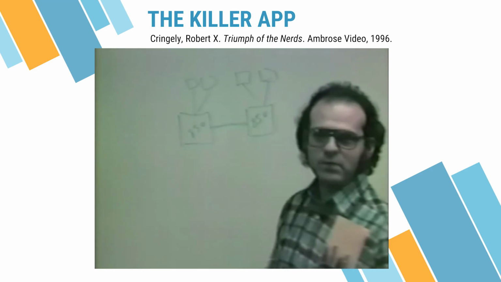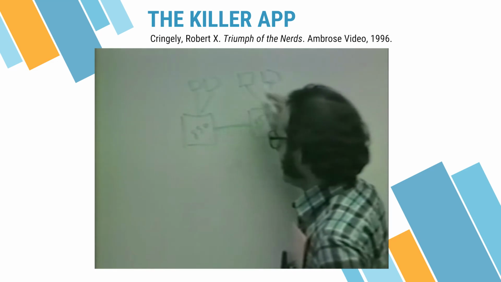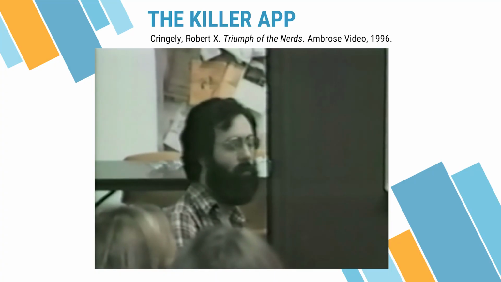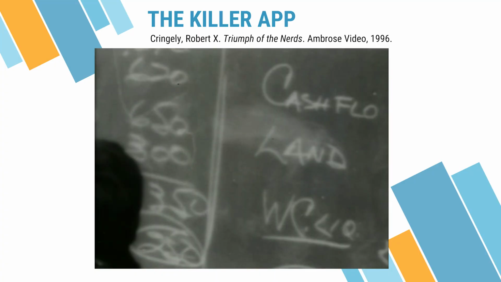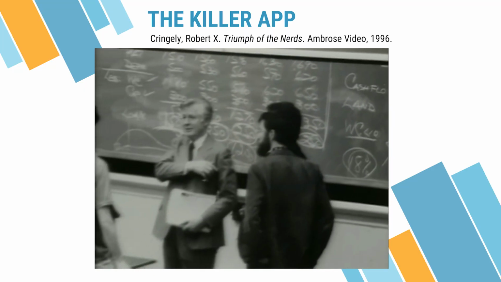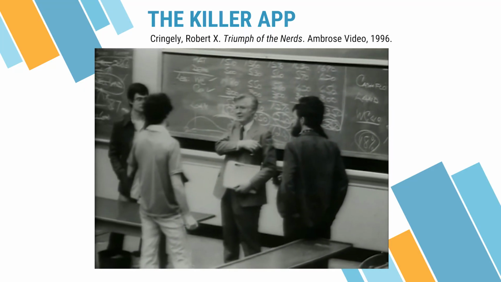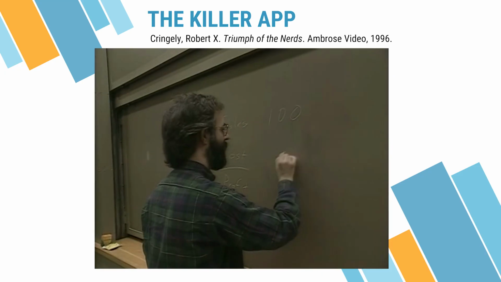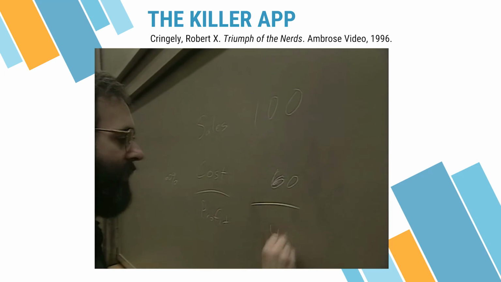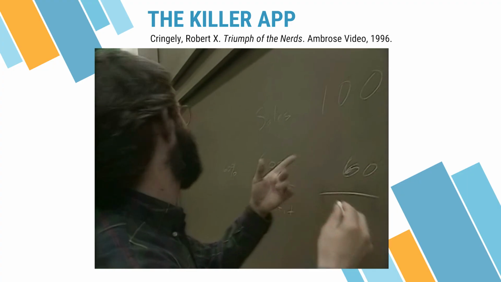A spreadsheet is a tool for financial planning, bringing together for the first time the seduction of money with the power of microcomputing. Dan Bricklin's professor at Harvard showed how companies used a grid of numbers on a blackboard to work out profits and expenses. 60 down here, and your profit would be this minus this, which gives you 40. And then, well, let's see, what's the sales growth?